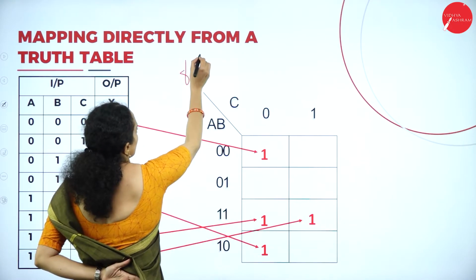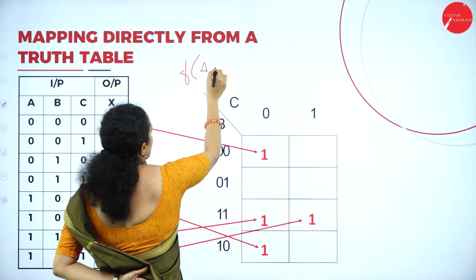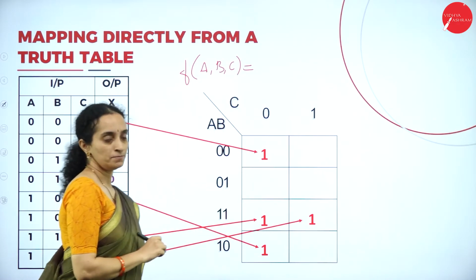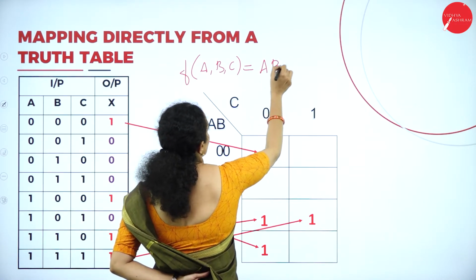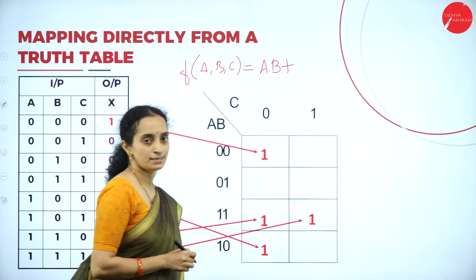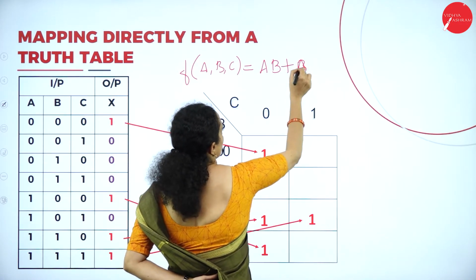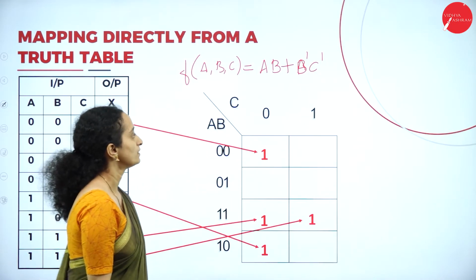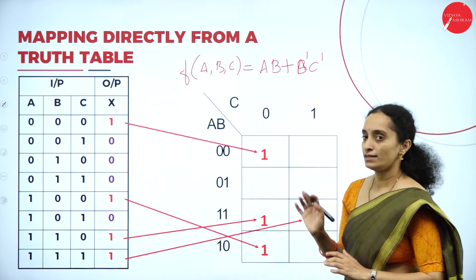So, final expression with 3 variables A, B, C will be A into B plus B dash into C dash. Okay. So, this is the final expression with the truth table.